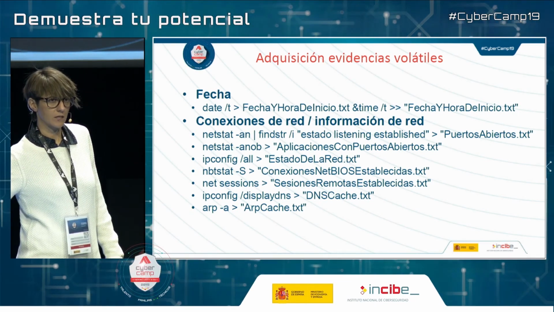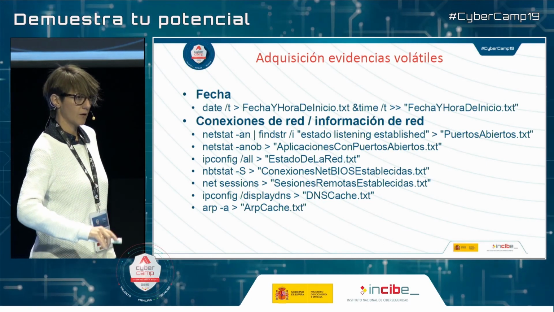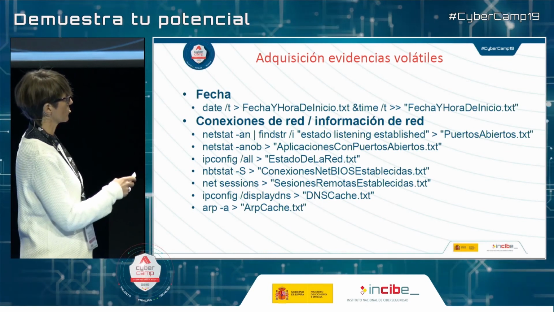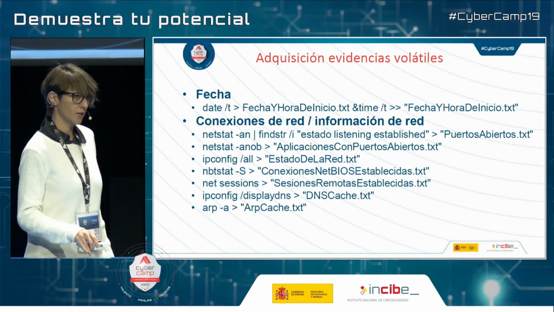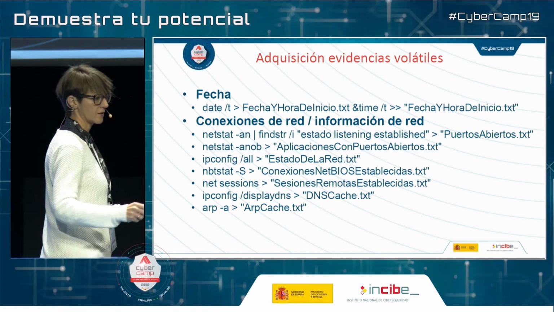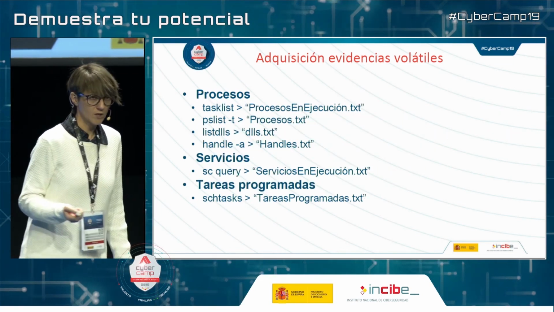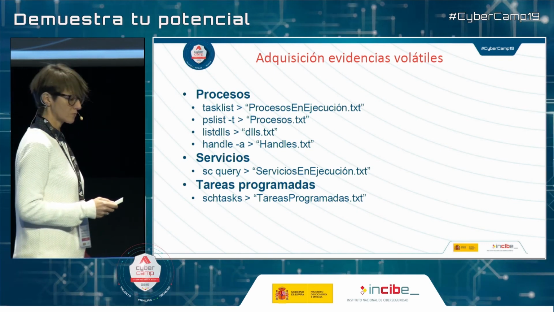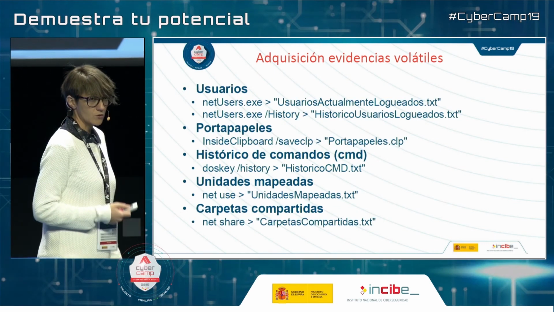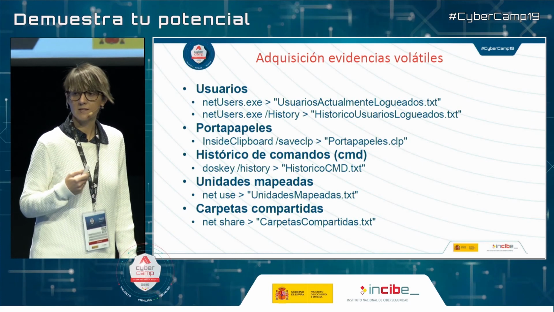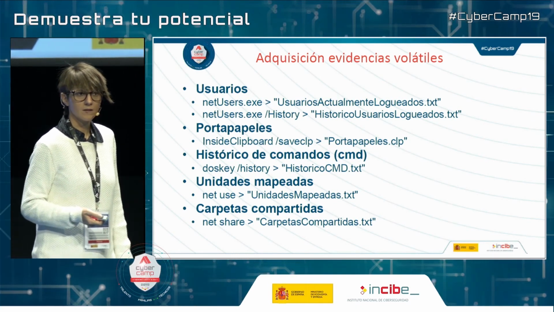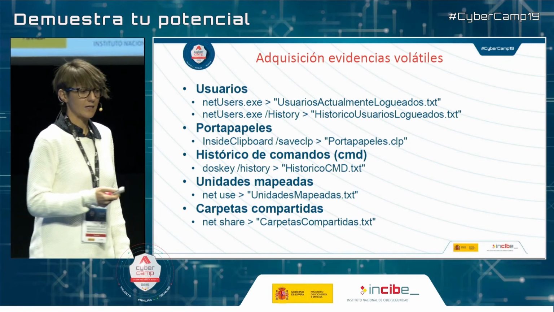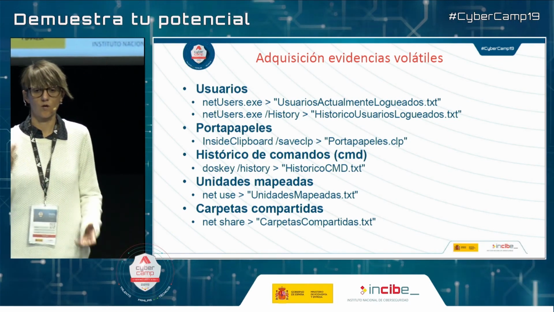So these actions we're going to be executing from an external drive, obviously. Sorry, we're going to save them on an external drive, not on the local drive that we are going to analyze. For example, the processes as well, scheduled tasks, services, logged in users, the history, the CMD history, shared folders, network units, everything.